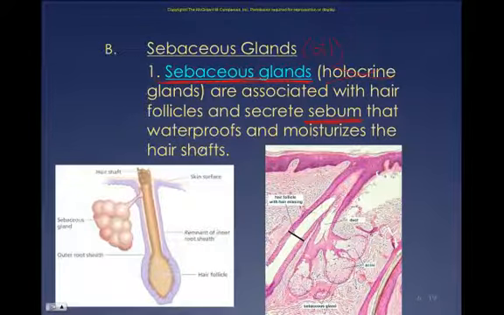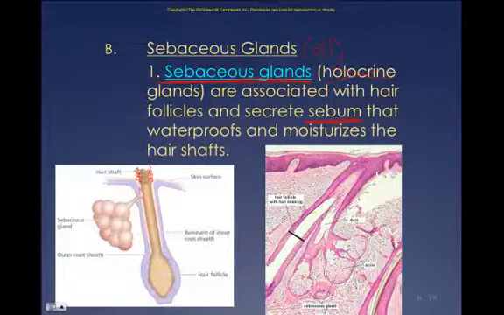And that sebum is going to help to waterproof and moisturize the hair shaft. So that's why you're going to see the sebaceous glands right underneath the epidermal surface here, so they can secrete that oil to coat that hair shaft as it's pushed above the surface. So again, it will waterproof and moisturize that hair shaft.